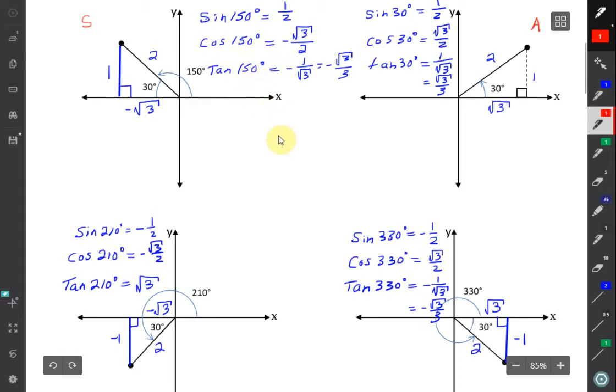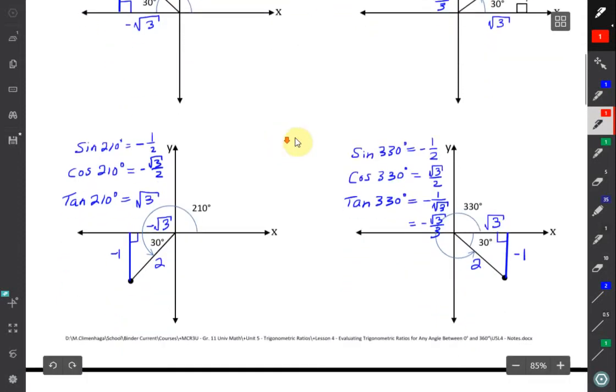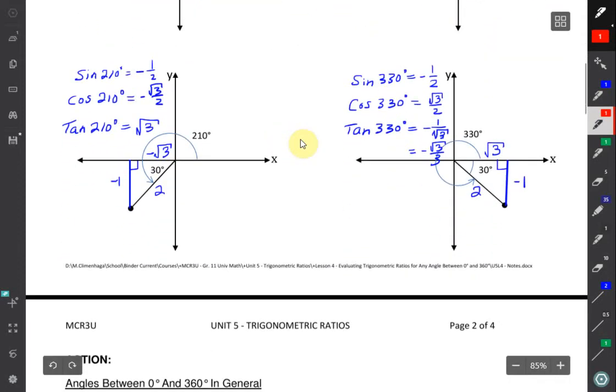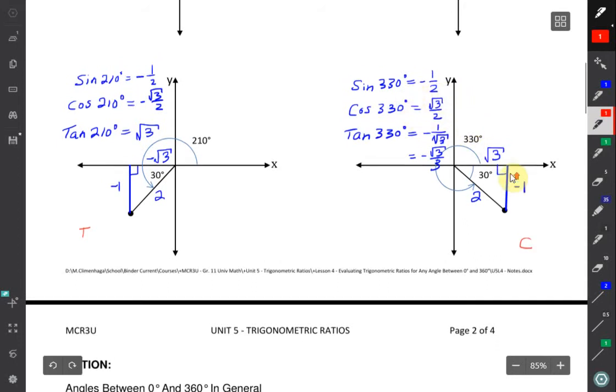Coming down to this example, tan is the positive ratio in this quadrant because both sides are negative that are involved. And finally, in this example, cos is positive. The adjacent over the hypotenuse gives us a positive value.